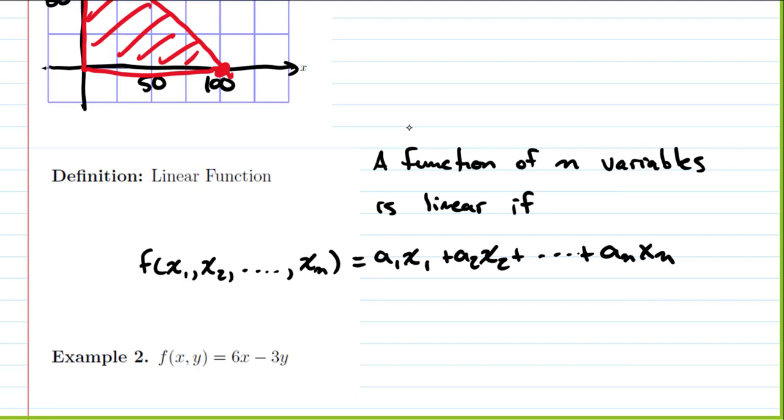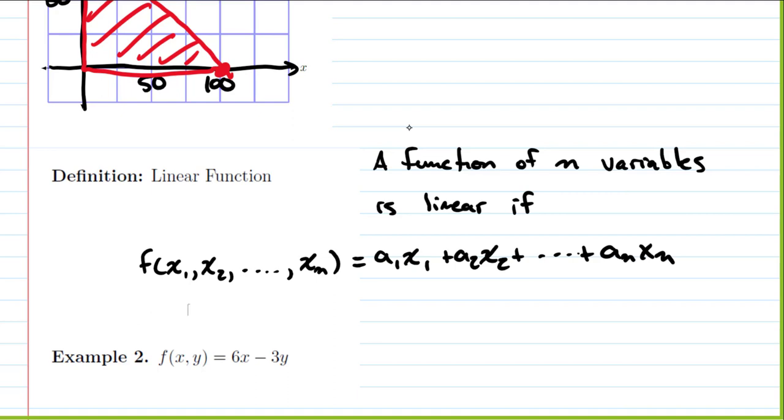So what this notation means with the subscript is instead of writing f of x, y, z because we run into the end of the alphabet, if we need more than 3 variables, instead we'll call everything x and we will put a subscript on it to indicate that it is a different variable.